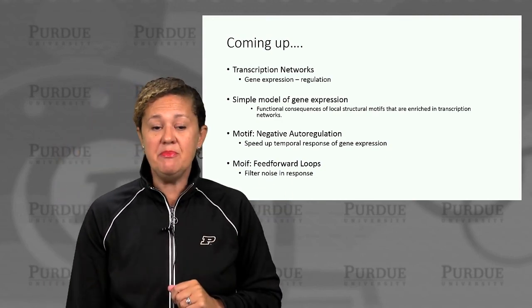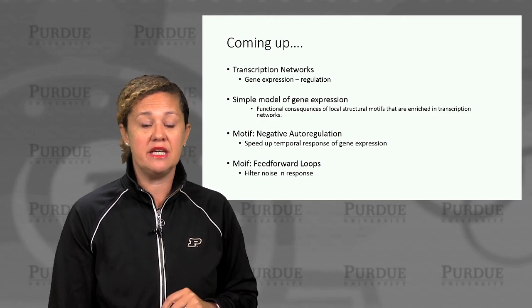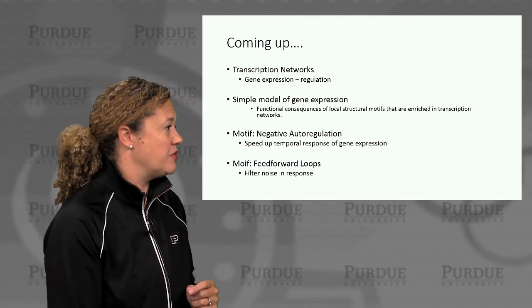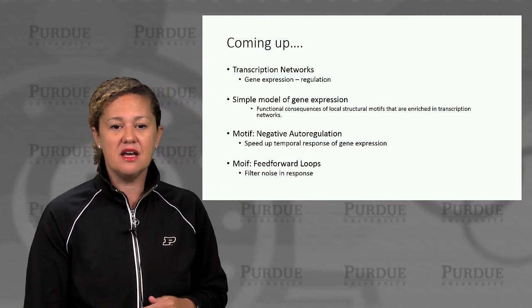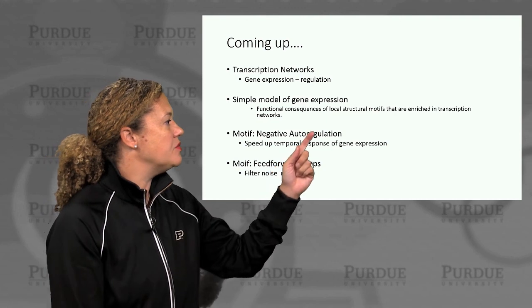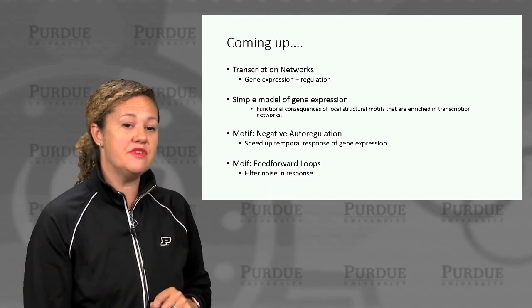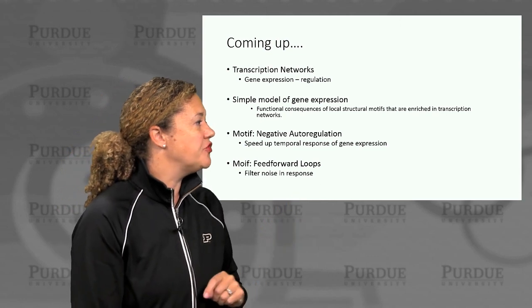And then we'll take a deeper dive into some specific motifs that are particularly enriched in a number of biological networks, particularly in transcription networks, as well as other cell-cell interactions, neuronal networks, for example. We will take a deeper look into this negative autoregulation that we briefly introduced, as well as feed-forward loops.